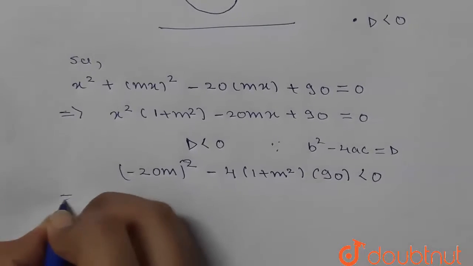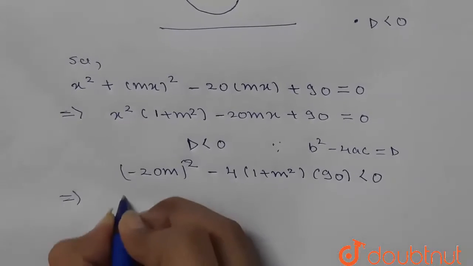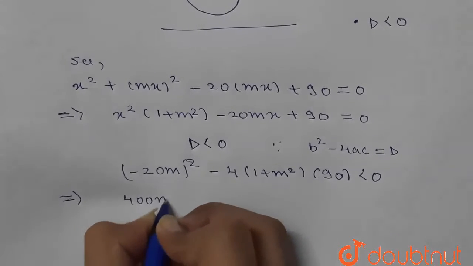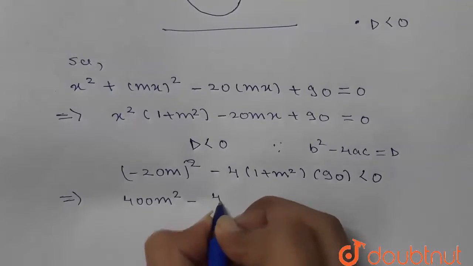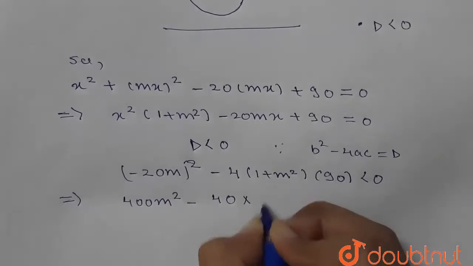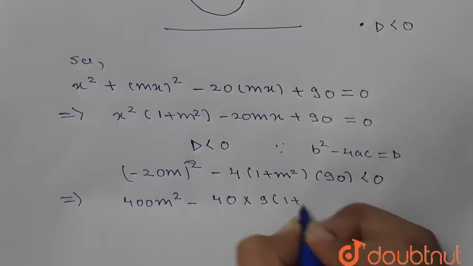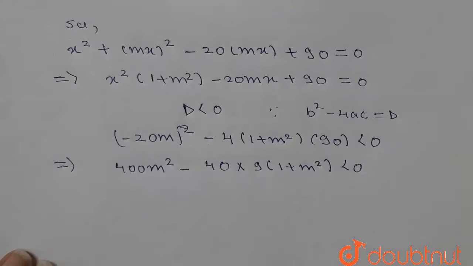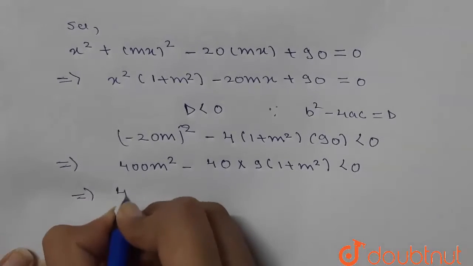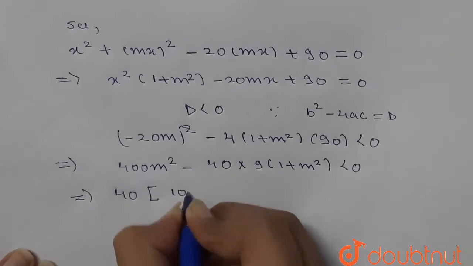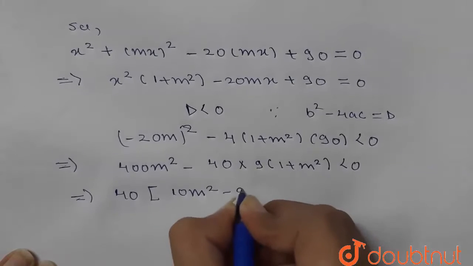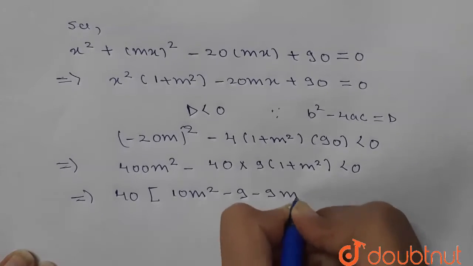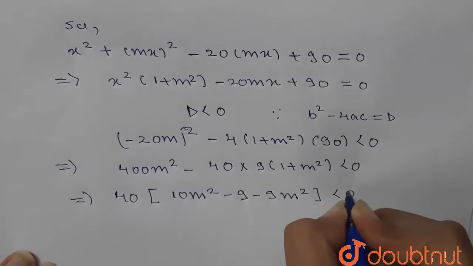So if I open this bracket, this will become 400m square minus 40 into 9 into 1 plus m square less than 0. If we take 40 common, this will become 10m square minus 9 minus 9m square less than 0.